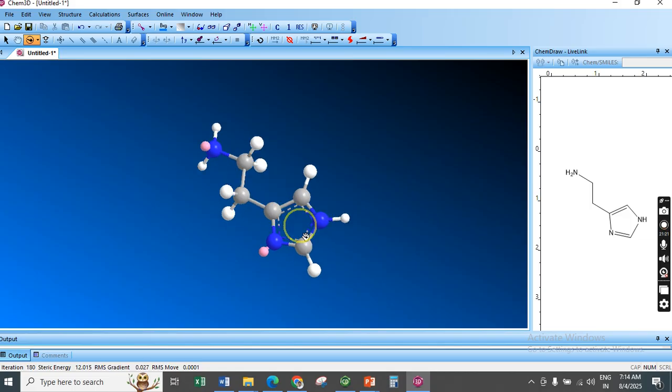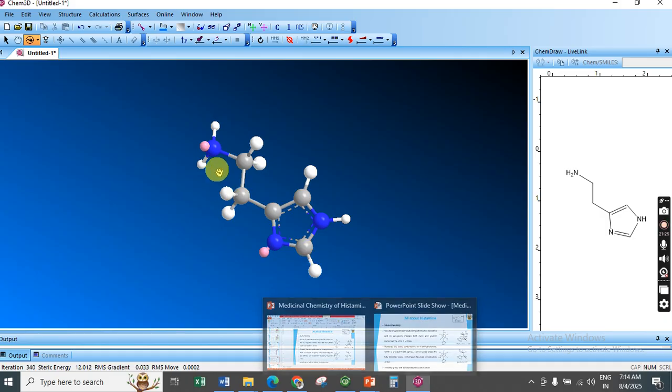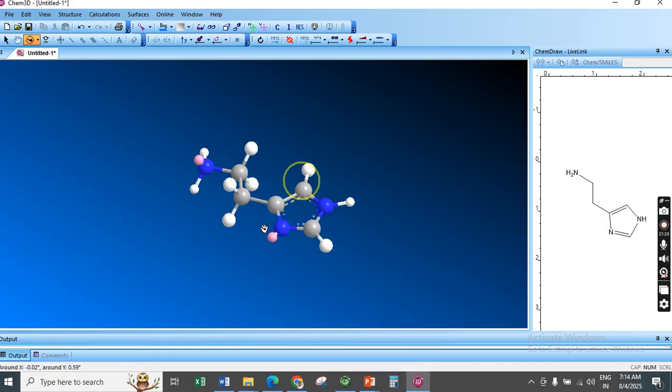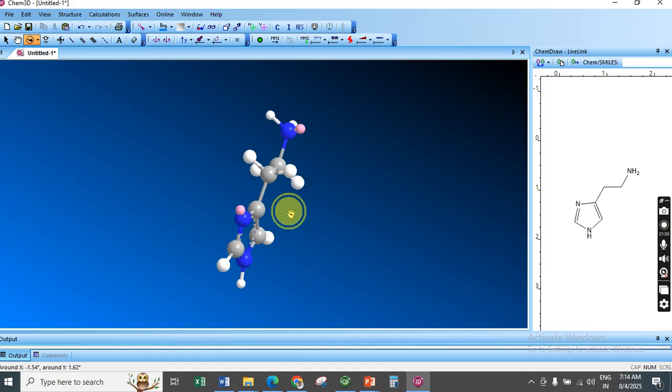Mostly it will remain as the trans form because that is more stable. As you might see, it is not getting converted. Just opposite.